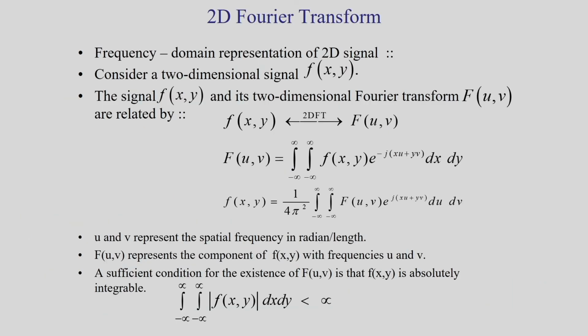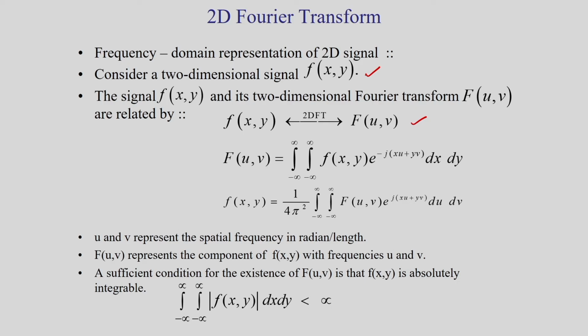Now let us consider the 2D Fourier transform. How to define the 2D Fourier transform? Here you can see, my input image is f(x, y), and this is my DFT pair. If I take the 2D DFT of f(x, y), then I will be getting F(u, v), the Fourier transform of the input image.